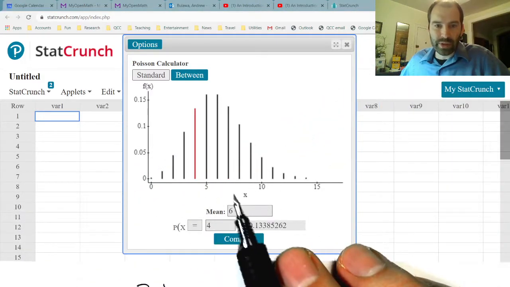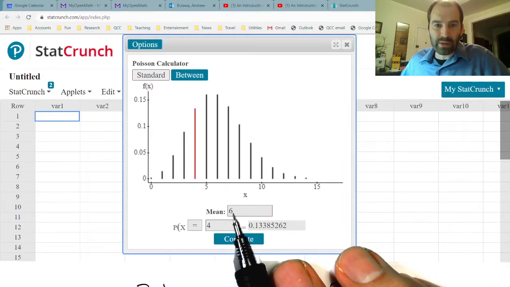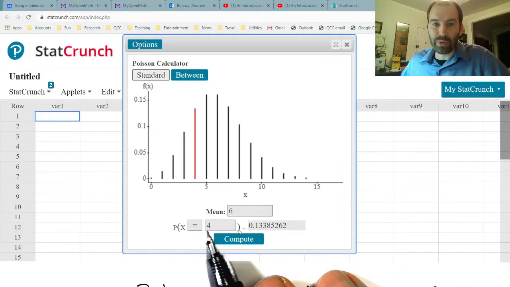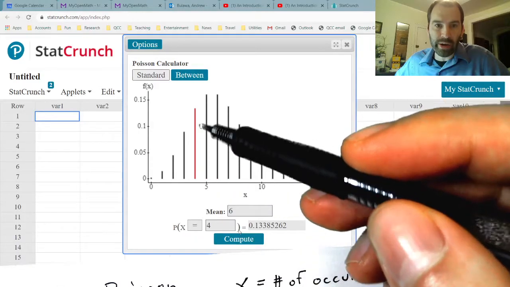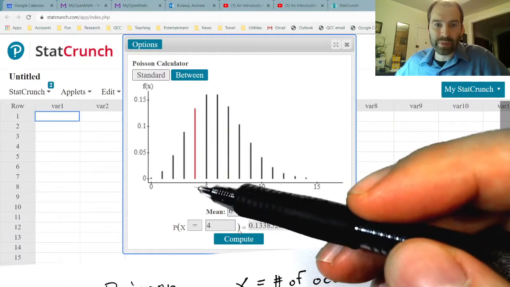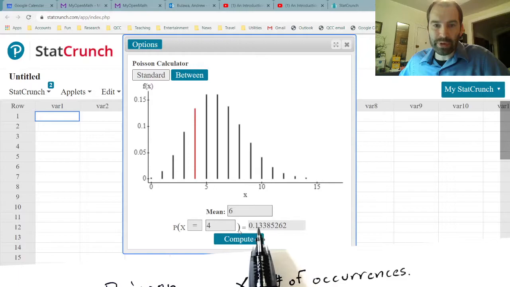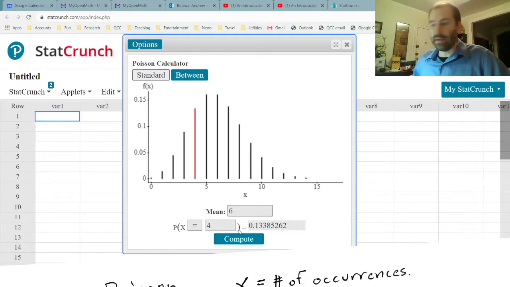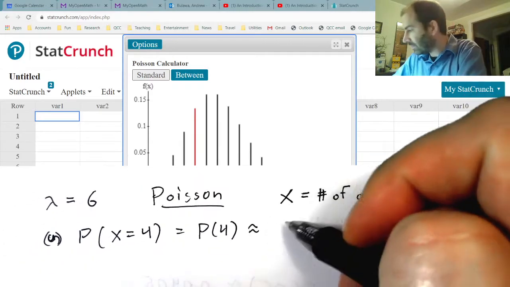I put a 6 in for the mean, and I'm looking at the probability that x equals 4. That's the height of this bar here. And we can see the probability is 0.1339 approximately.